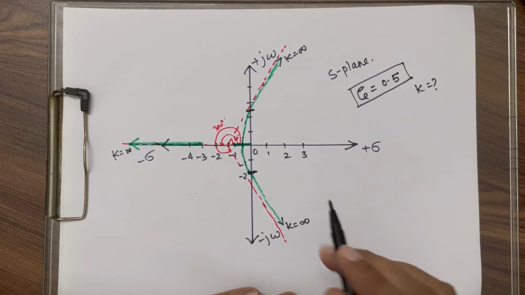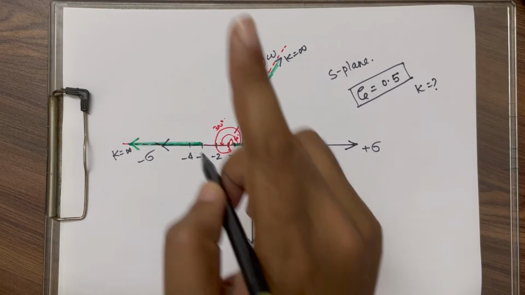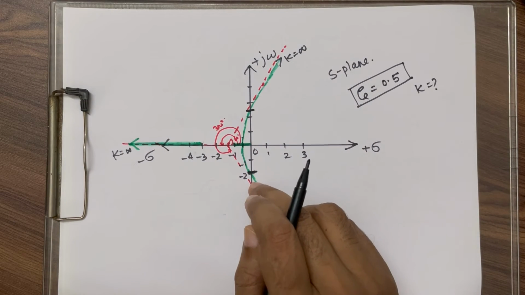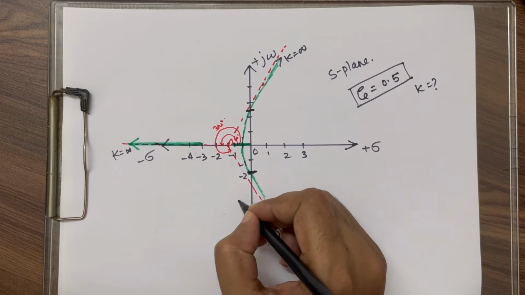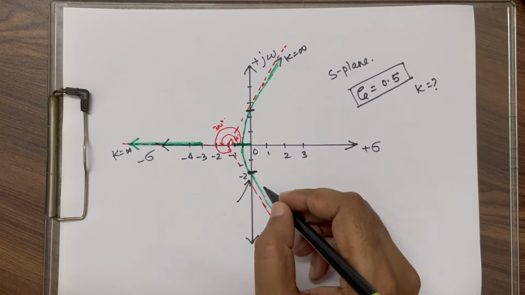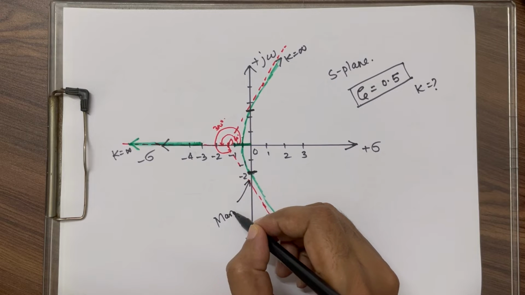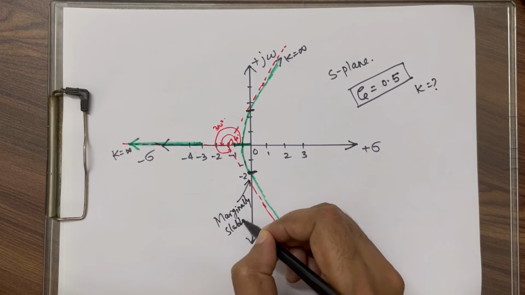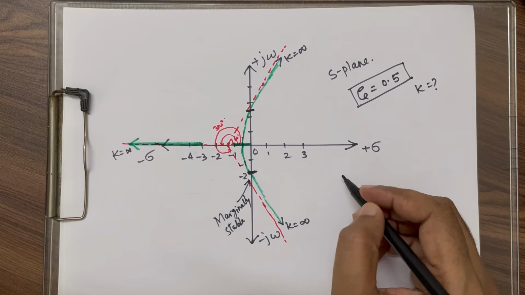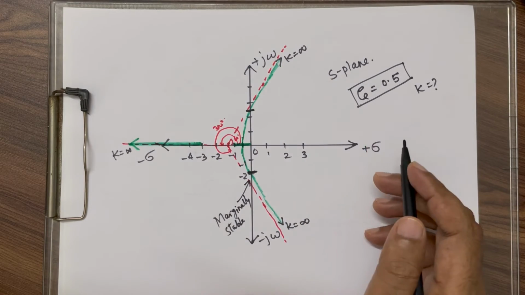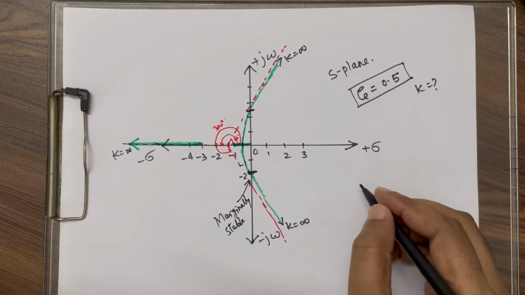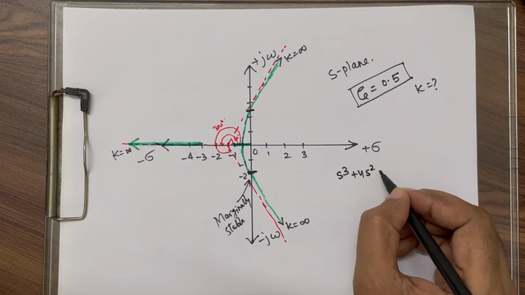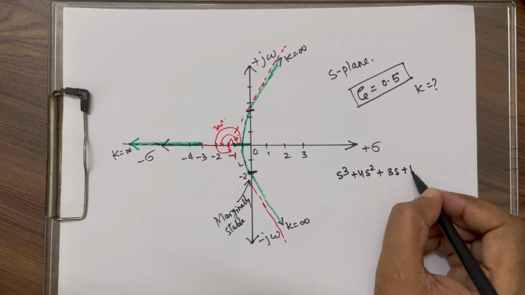How do we do that? For that purpose, we are going to use the Routh-Hurwitz criterion. First, we'll find the value of k for which it is crossing the imaginary axis, which is called marginally stable. So we write the characteristic equation, which is s cube plus 4s square plus 3s plus k equal to 0.